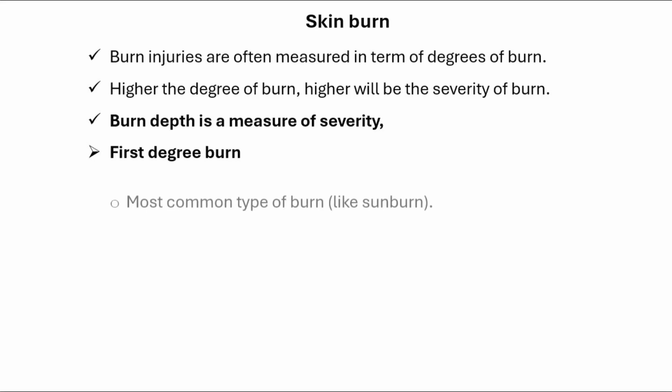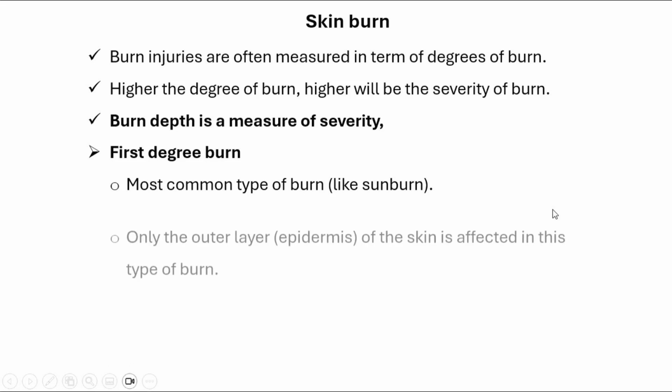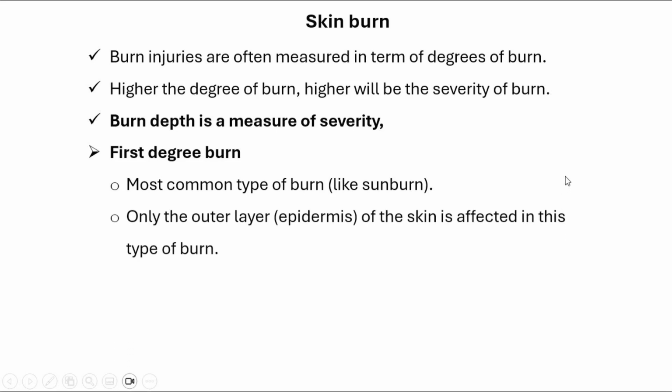First degree burn is the most common type of burn, like sunburn. It takes place on the surface, the outer layer. The epidermis of the skin is affected in this type of burn, with skin redness and similar effects. The skin becomes red and there is no blister formation. That is the first degree of burn. It can be healed with time.